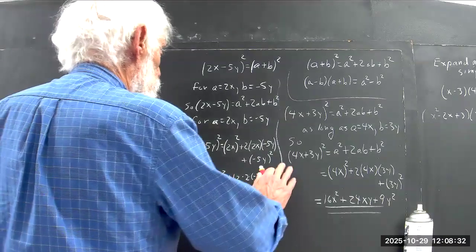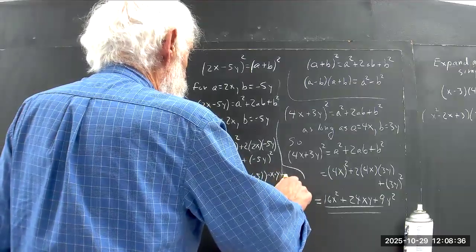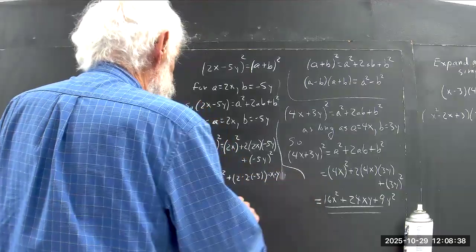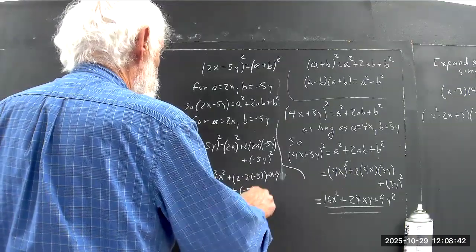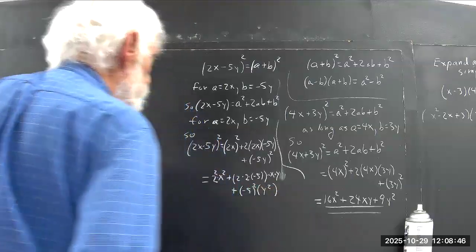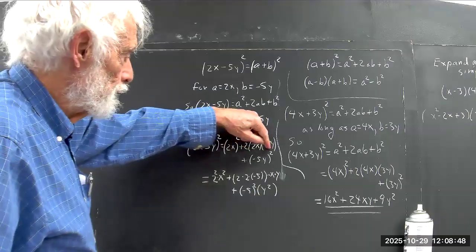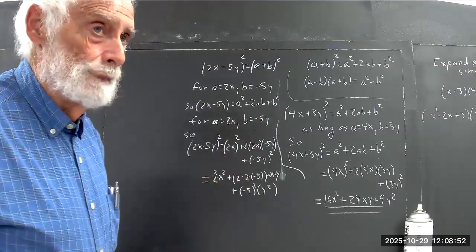Okay, anyhow, I'll just sneak over here and use just a little of this. I don't have room. Negative 5y squared is negative 5 squared times y squared. Okay.